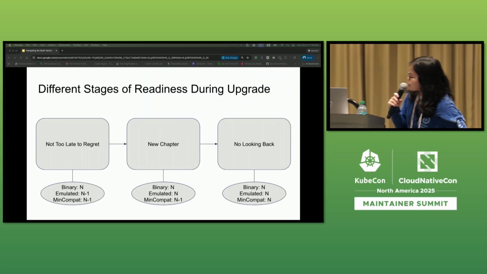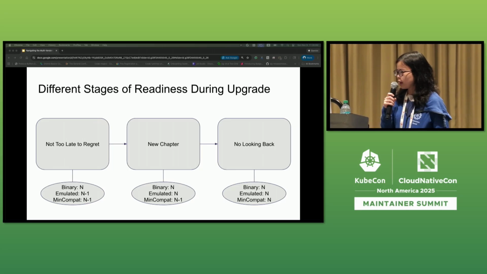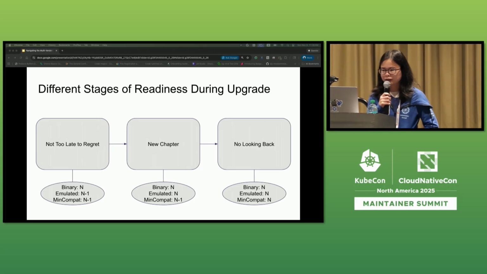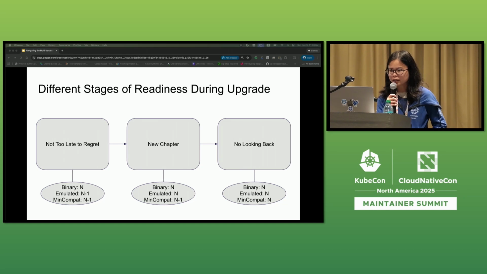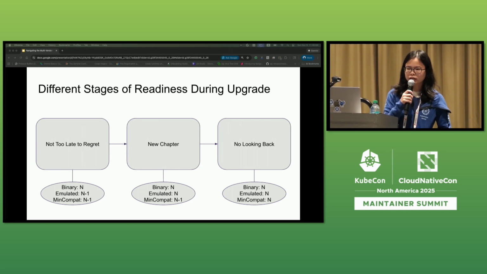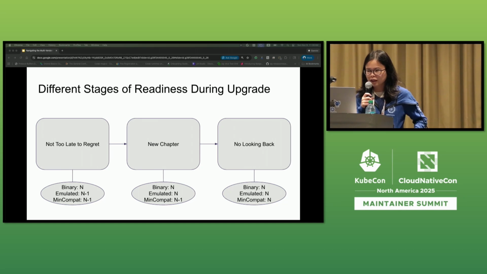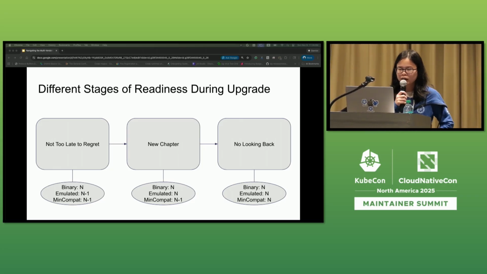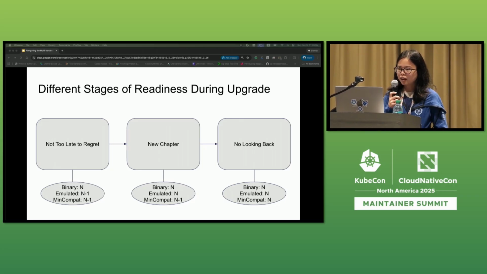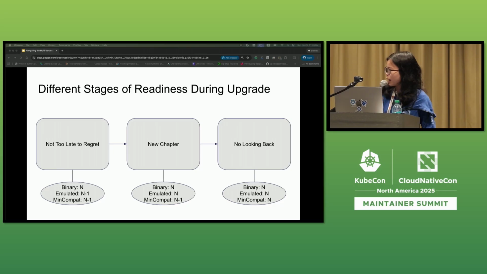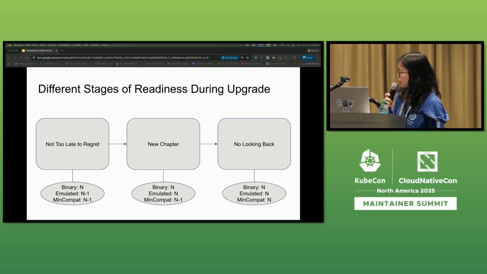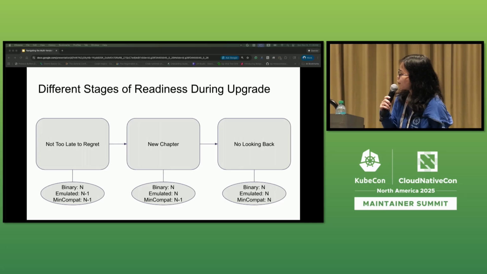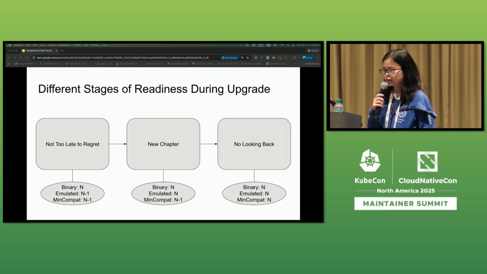So with these two flags, we can have different paths for an upgrade, and it allows cluster administrators to move through an upgrade with smaller and safer steps. In this example, we're breaking the upgrade into 3 steps.